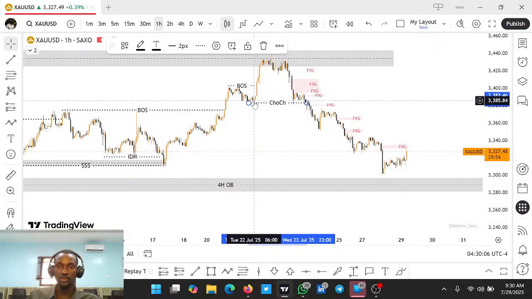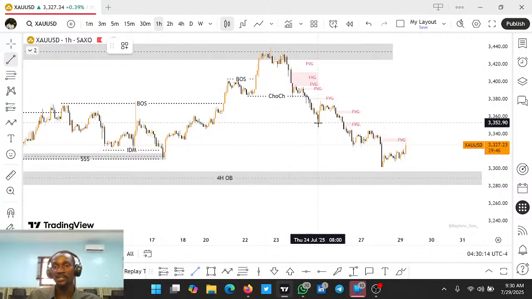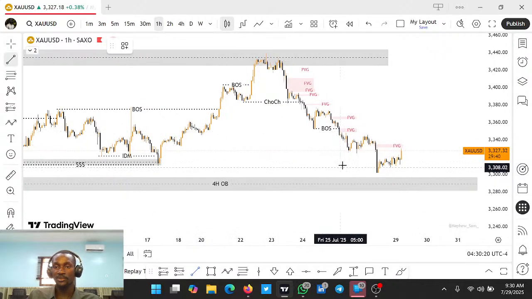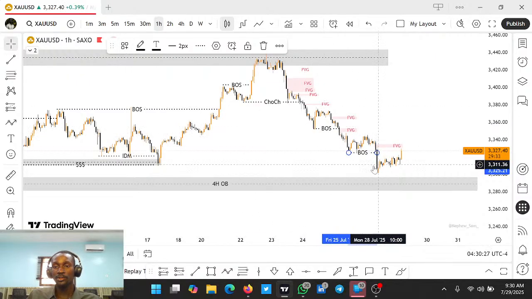But instead, price broke below it, so there was a change of character. And what do you notice? Gold is breaking structures to the downside. That means gold is in a temporary downtrend, breaking structures to the downside, giving us a break of structure, break of structure, break of structure.